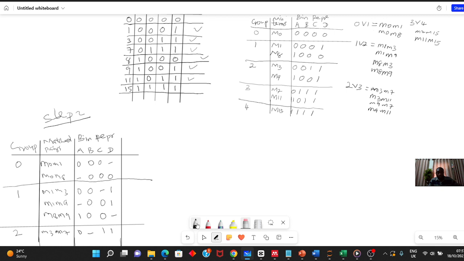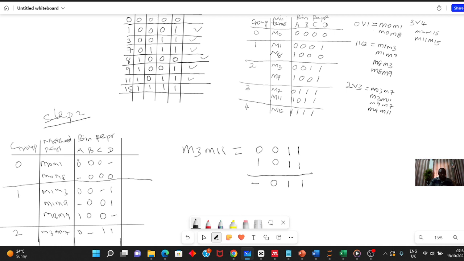M3, M11. So we are looking at M3, M11. So let's see the match pairs. M3 is given to be 0, 0, 1, 1. M11, which is 1, 0, 1, 1. So let's see the match pairs. 0, 1, put a dash. 0 with 0, 0, 1, 1, you put 1, 1.